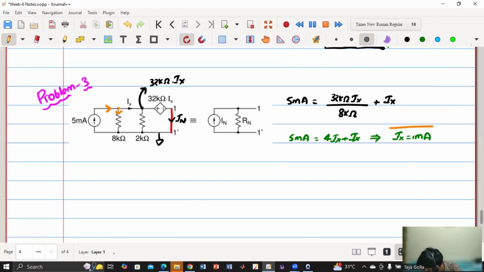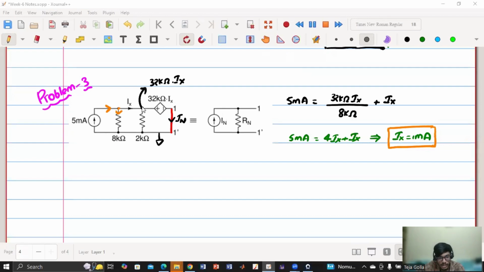So that's why I have applied nodal analysis, because I saw there is only one unknown node voltage, whereas there are two unknown mesh currents. So that's why I did not choose mesh analysis. So Ix, is that part clear? So Ix is obtained.